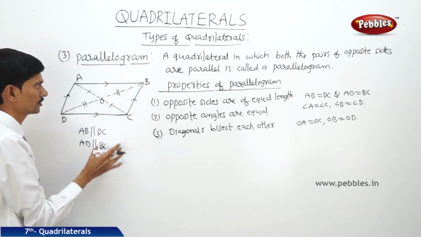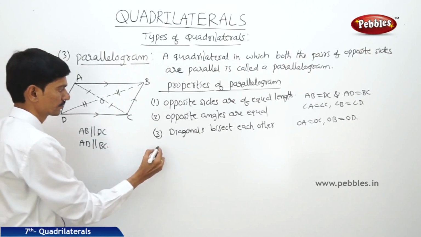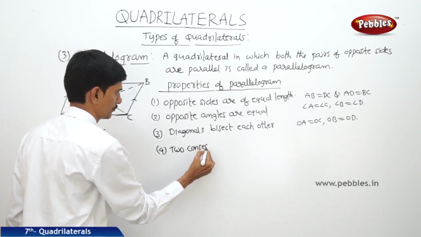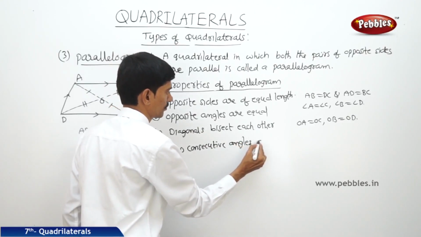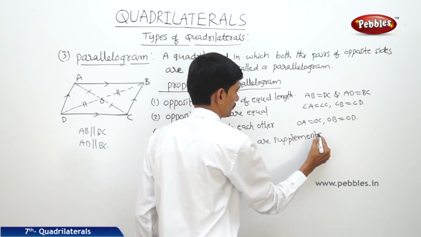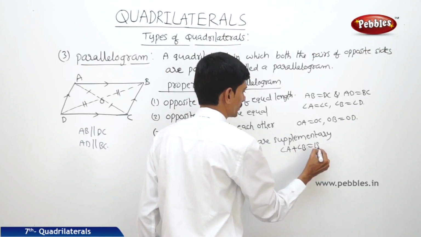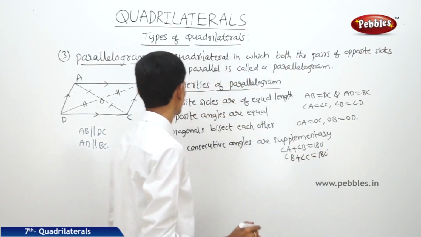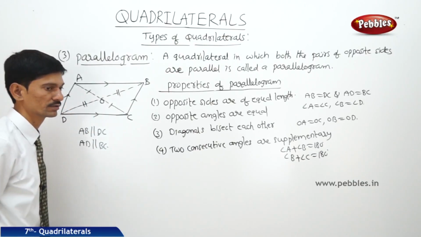Opposite sides are of equal length and opposite angles are equal, and any two consecutive angles are supplementary. Two consecutive angles are supplementary, means angle A plus angle B equals 180 degrees, angle B plus angle C equals 180 degrees, or angle C plus angle D equals 180, or angle D plus angle A equals 180 degrees.